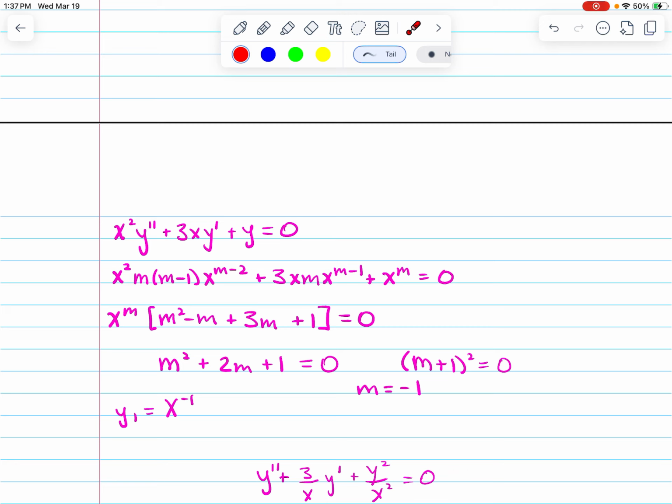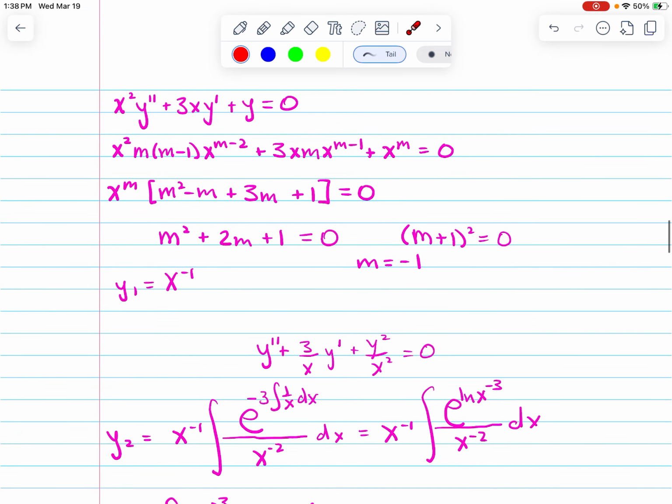Okay? So, we have one solution, not two distinct solutions, just one. And what I want to do then is I want to go back and find the second solution. Okay? So here's what we've got. And I want to go back and find that second solution.